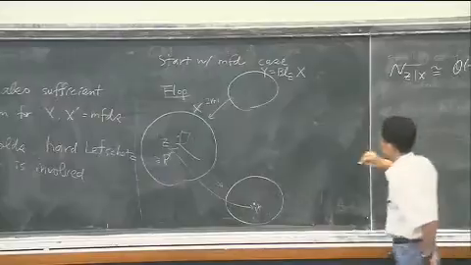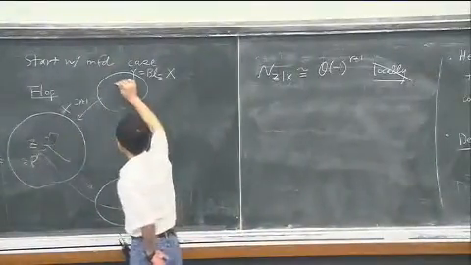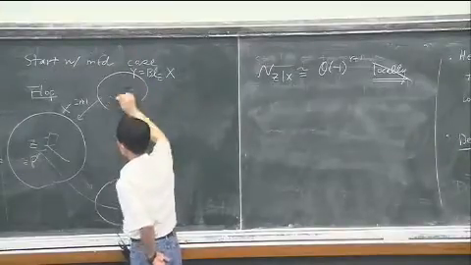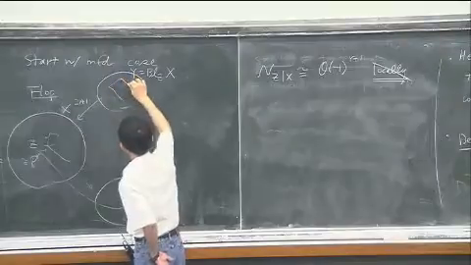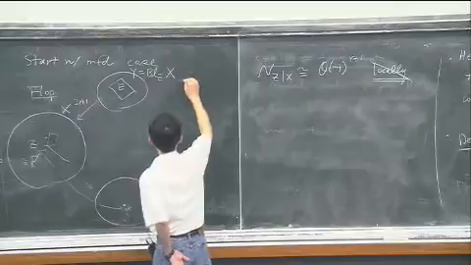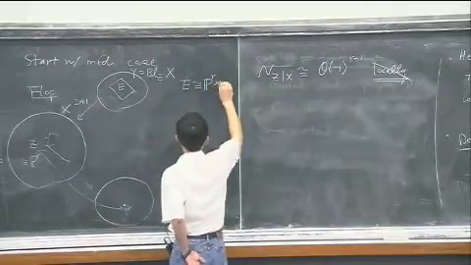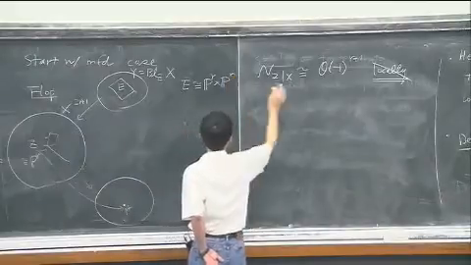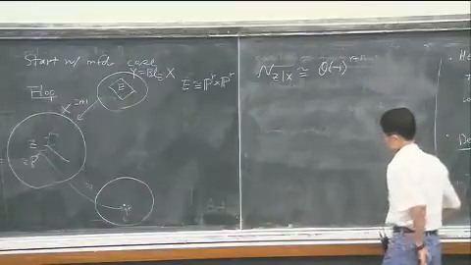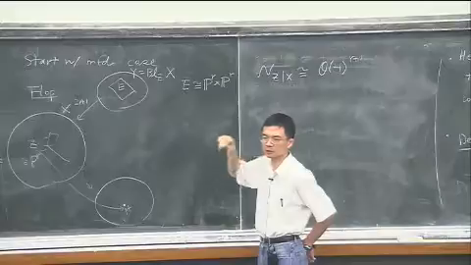That's globally. So when I blow this up, your exceptional divisor becomes this. Let me try to draw it parallel to that. The exceptional divisor will look like PR cross PR, if it's trivial. So this is globally, not locally. Does that make sense? This is easy.